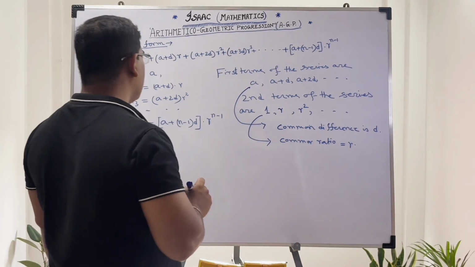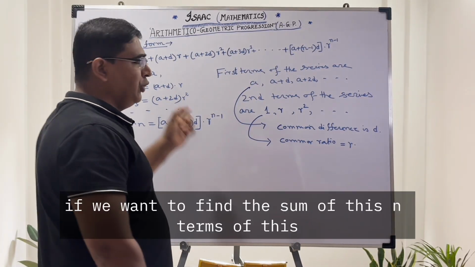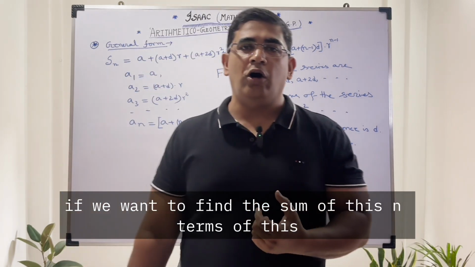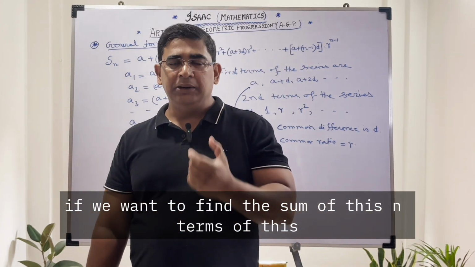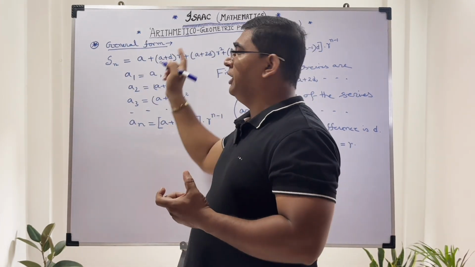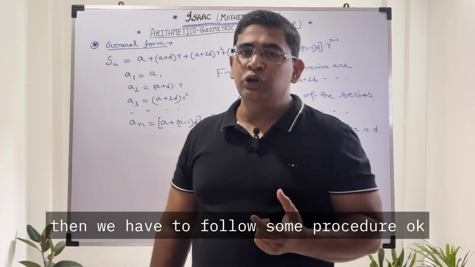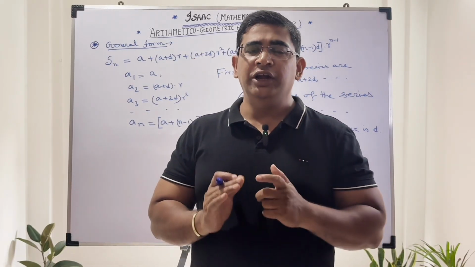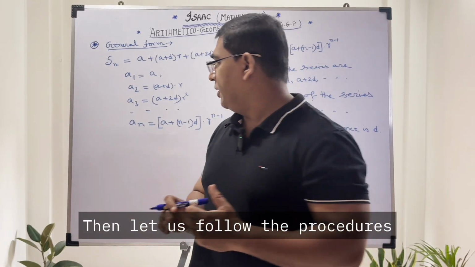Okay. Now if we want to find the sum of n terms of this AGP, then we have to follow some procedure. Okay. Then let us follow the procedure.